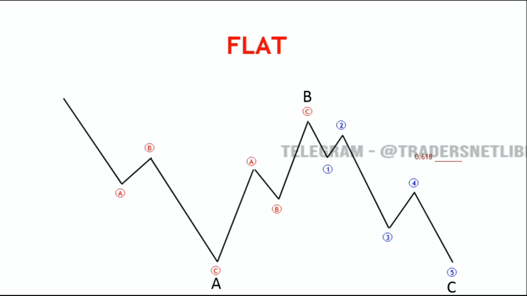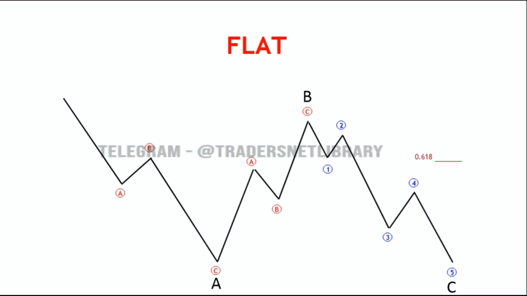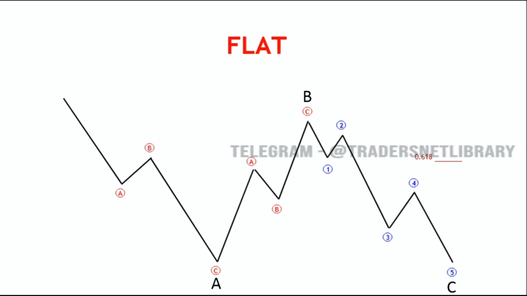The flat pattern can be formed in different structures of Elliott waves. 1. Wave 2 of the 5-wave structure of impulse trending waves. 2. Wave 2 of the 5-wave structure of impulse terminal waves. 3.